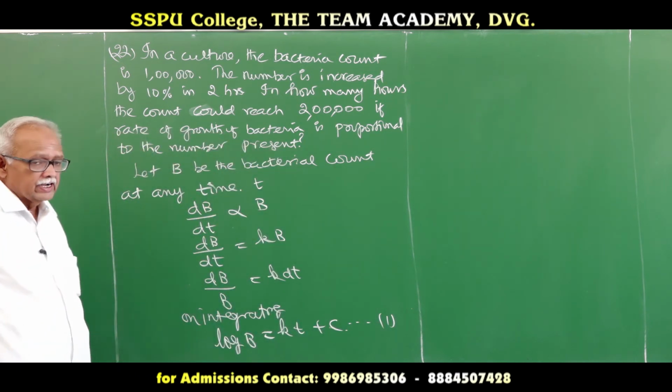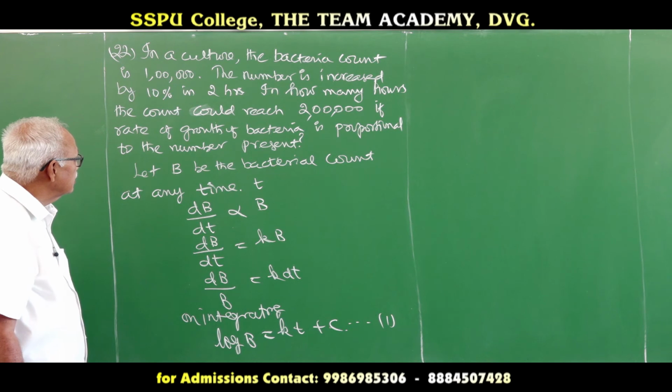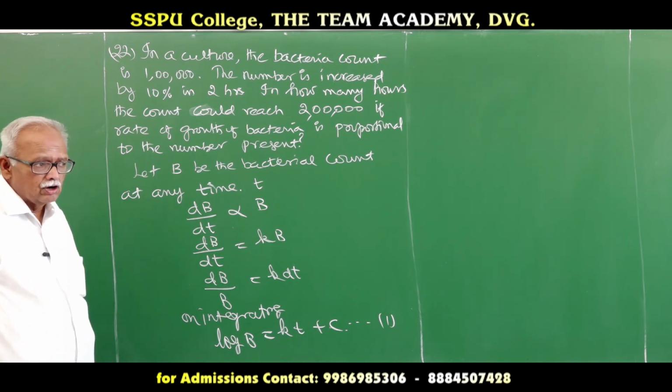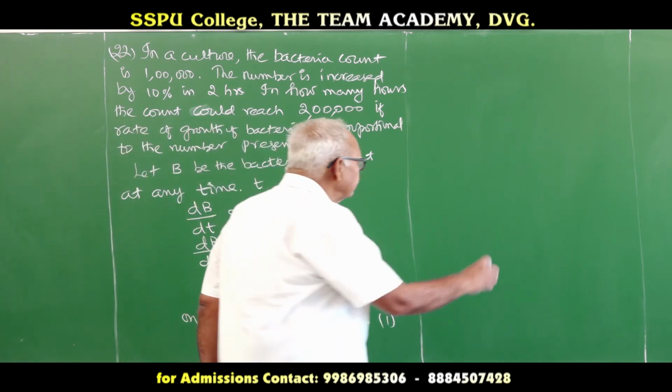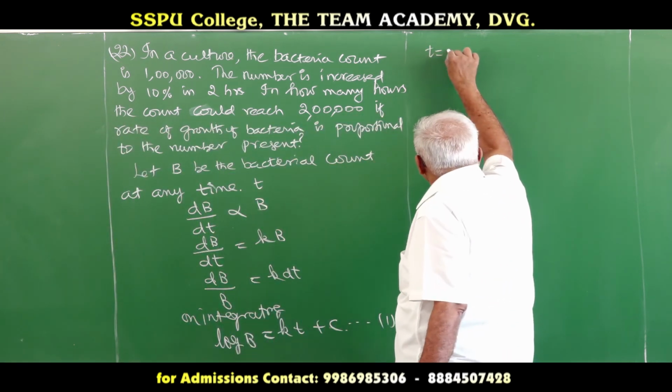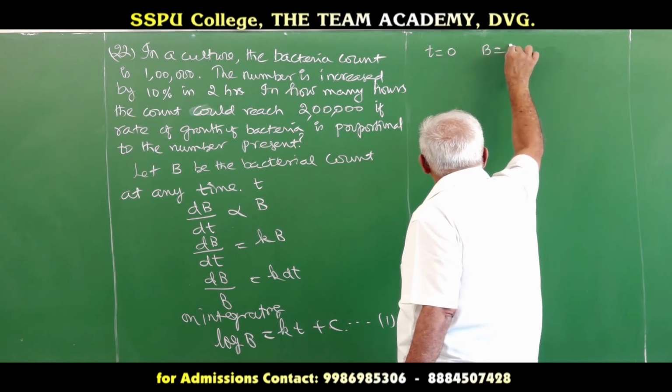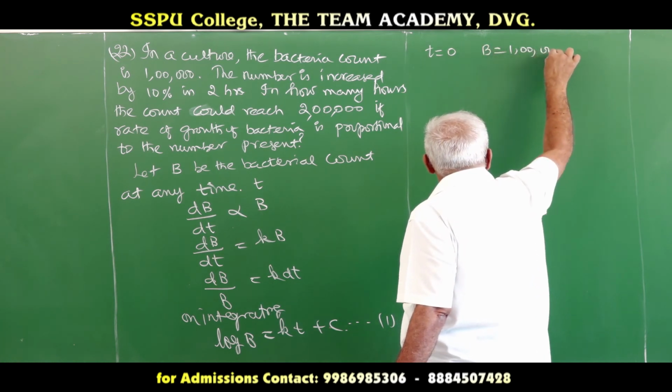Now we have to apply the conditions. Initially, what is the bacterial count? When time t is equal to 0, the count is 1 lakh. So at t is equal to 0, the bacterial count B is equal to 1 lakh.